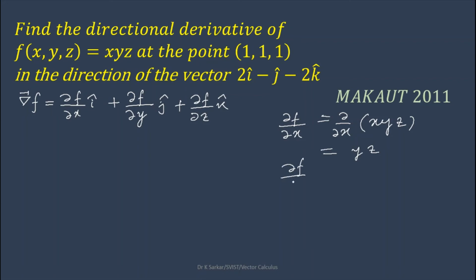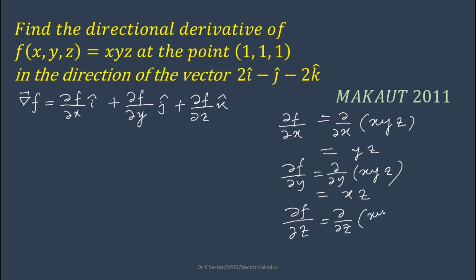Similarly, del f del y is del y of xyz, that is xz, and del f del z is del z of xyz, that is xy only. Now let us put here del f del x is yz i plus del f del y is xz j plus del f del z is xy k.